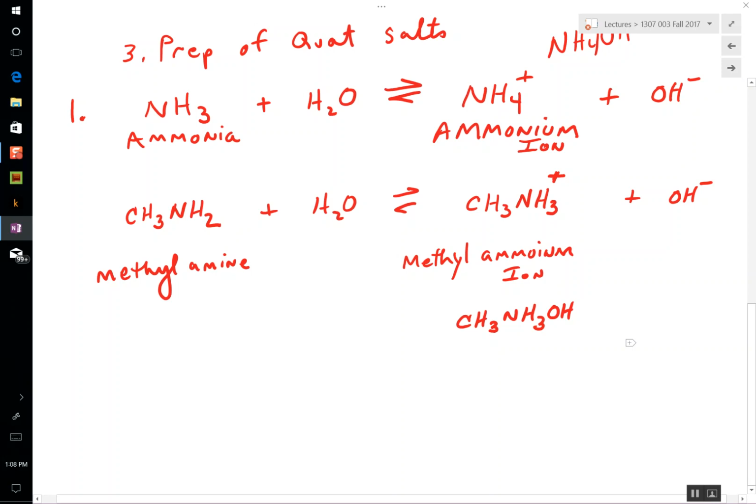Not very far. 99% of your ammonia is in that form. You get a little bit of this, but it does raise the pH. Weak. Sodium hydroxide will have a pH of about 13. Windex, which is ammonia in water, is pH of about 9.5. So it's not a real strong base. It's a weak base. These are weak bases.